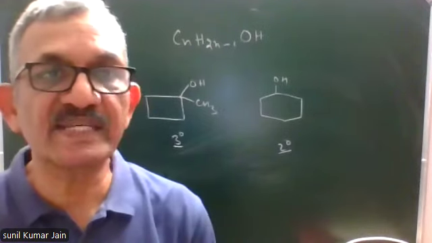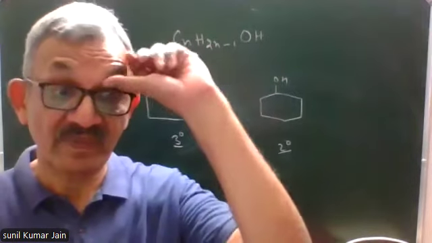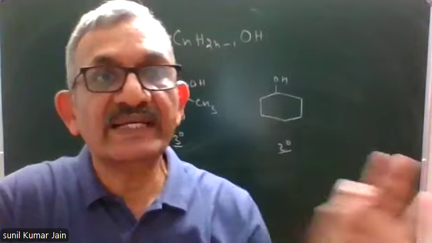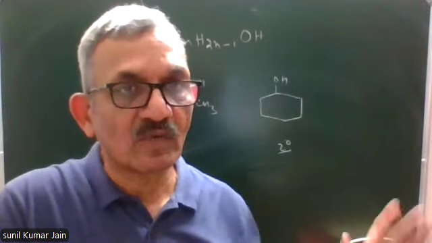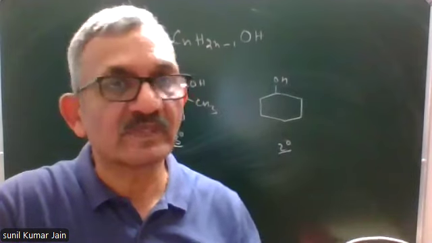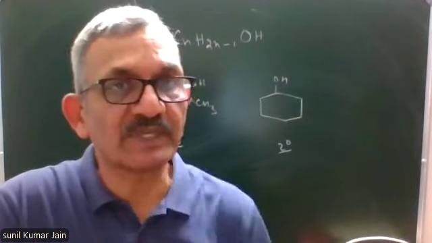Third category, C part, small c. Allylic alcohols. Now, once you know what allylic means, it will be easy for you. You know allylic carbon atom.